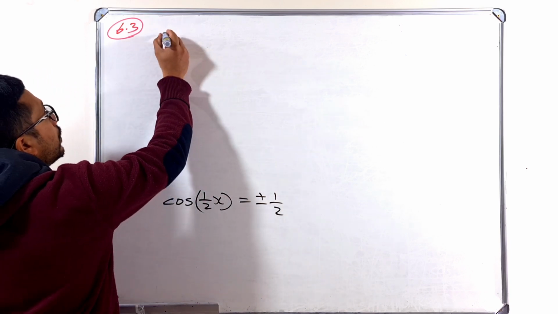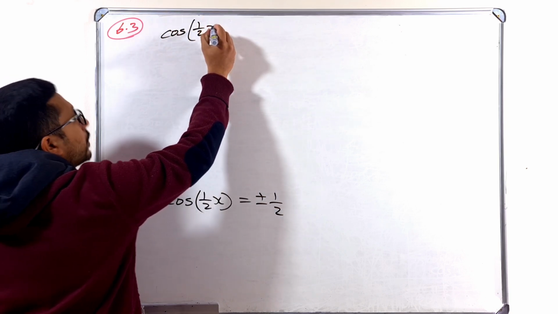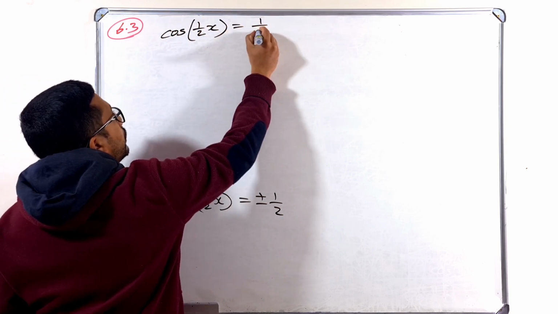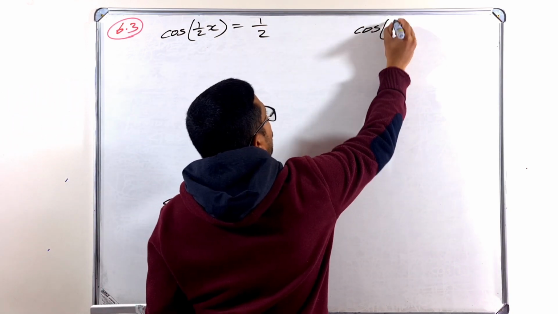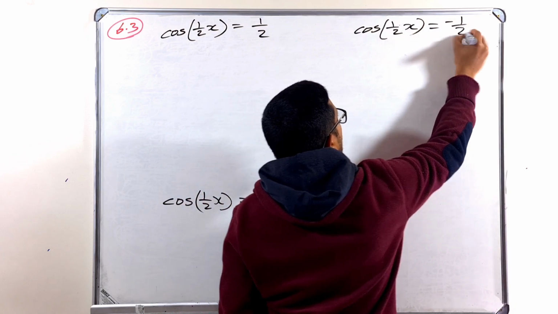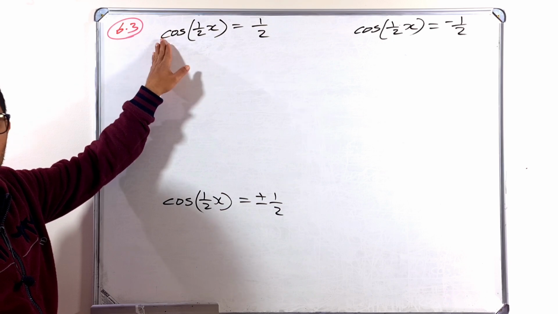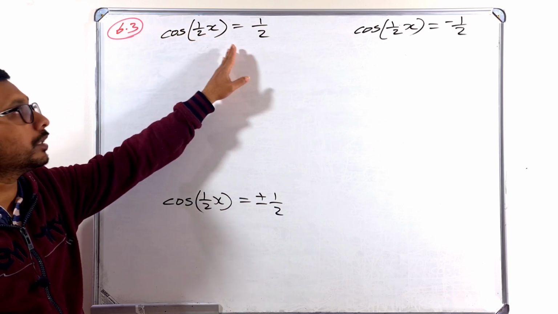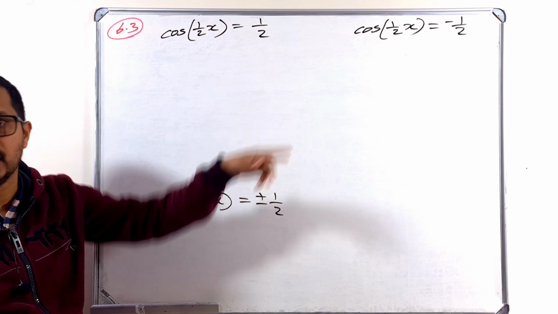There are two possibilities: either cos half x is equal to positive half, or cos half x is equal to minus half.